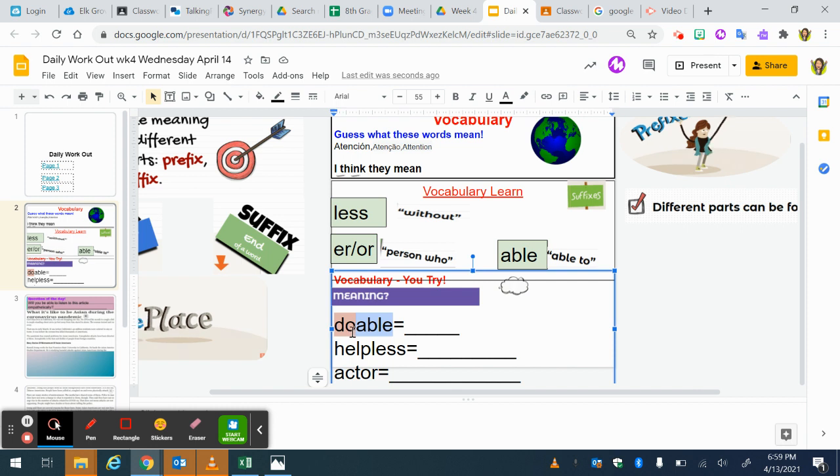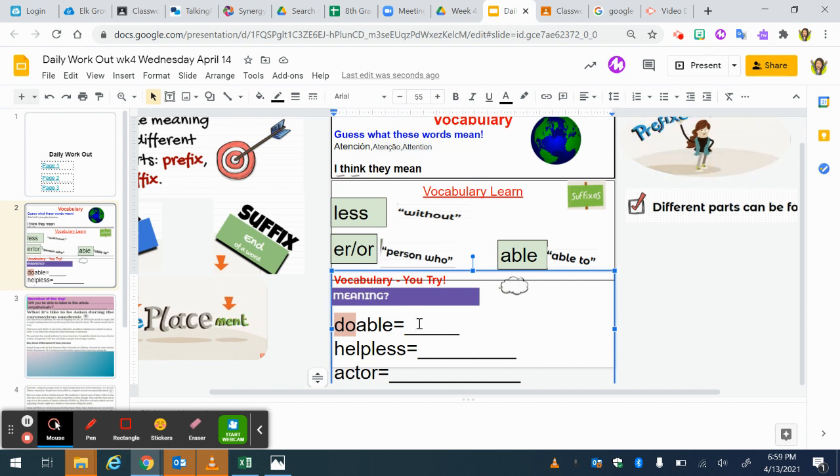So what do we guess is the meaning of the word doable? Doable. If something is doable, for example, Ms. Hagelis went to Mr. Calderon's math class, and he showed her a math problem that she thought, I think that's doable.